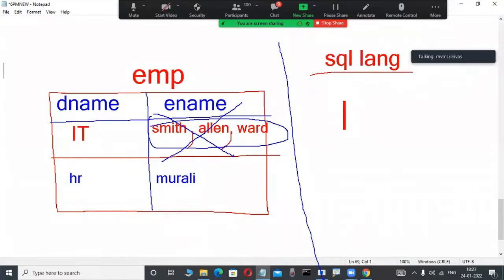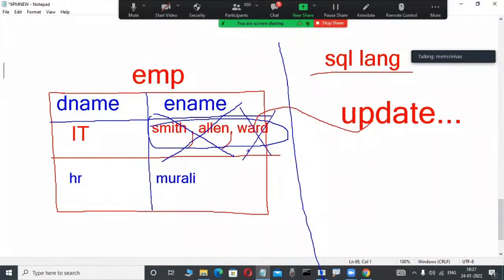Suppose I use the update command. Through this update command, I try to modify only a single employee, Ward, from these multiple employees. Impossible. This update command is not working. Whenever multiple values separated with comma are there, through the update command we cannot modify a single value from these multiple values. Impossible. That is a problem.